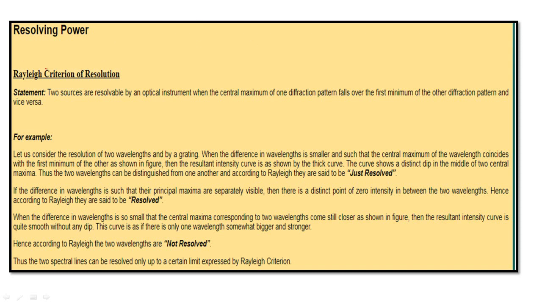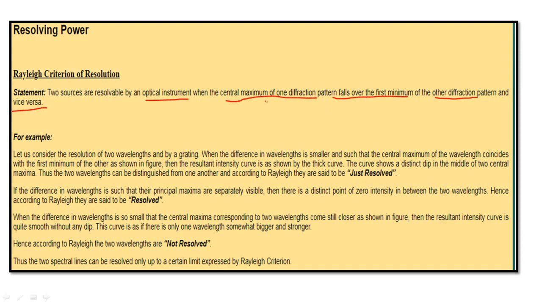Now, what is Rayleigh's criteria for resolution of two wavelengths if they are very close to each other? The statement of Rayleigh's criteria is: two sources are resolvable by an optical instrument when the central maximum in the diffraction pattern of one falls over the first minimum in the diffraction pattern of the other, and vice versa.